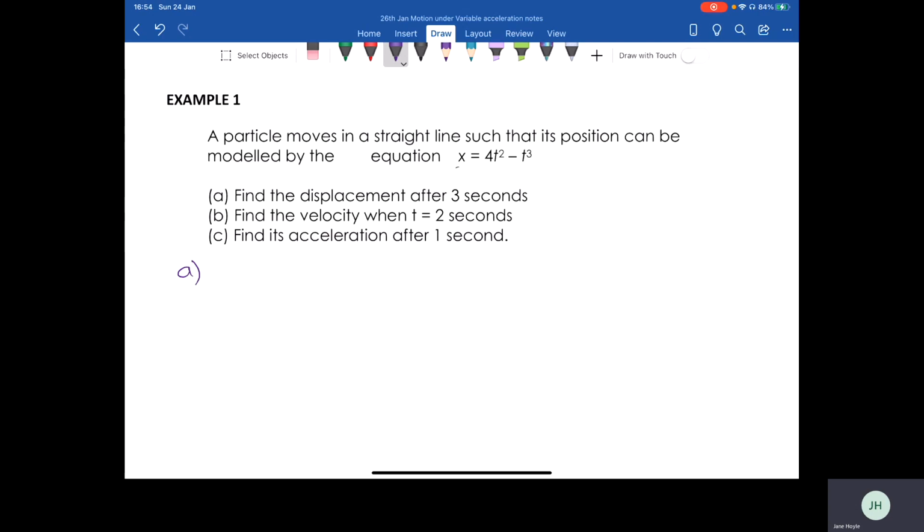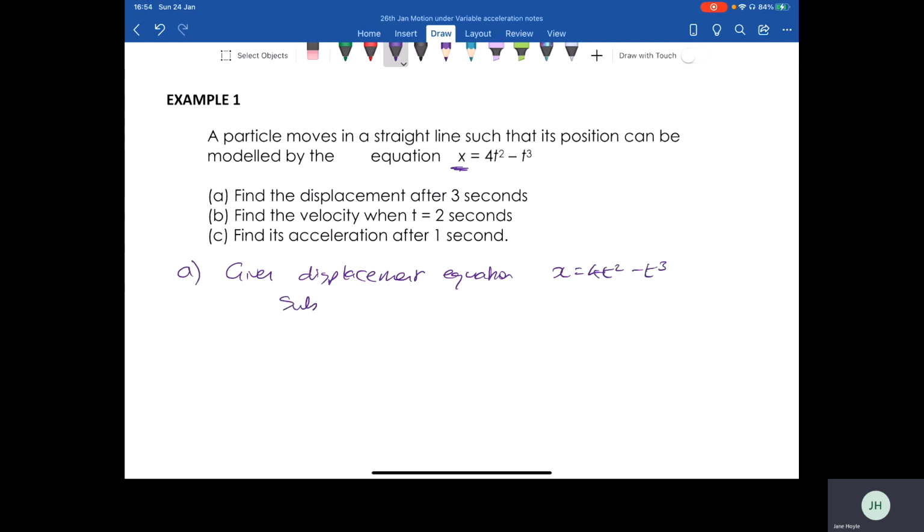In this equation, x of course is the displacement. So because x is displacement, all we have to do here is use the displacement equation I've already been given. That displacement equation, x is equal to 4t squared minus t cubed.